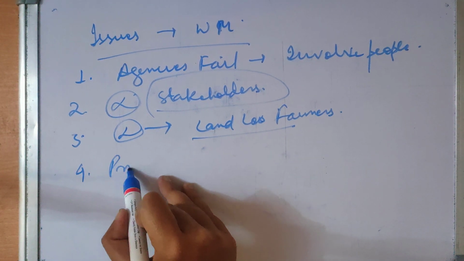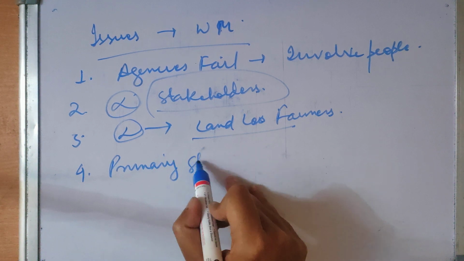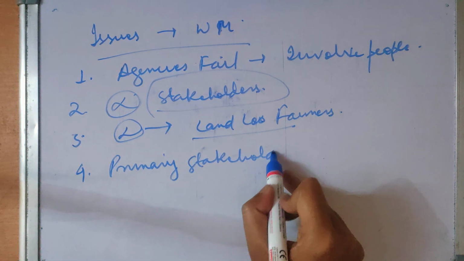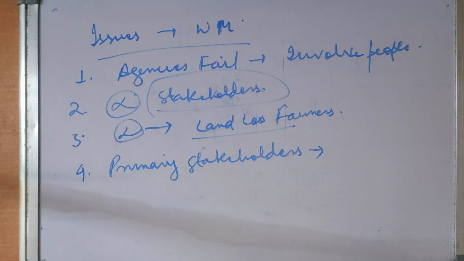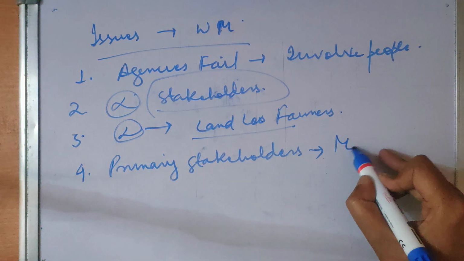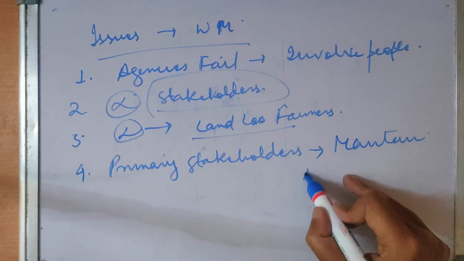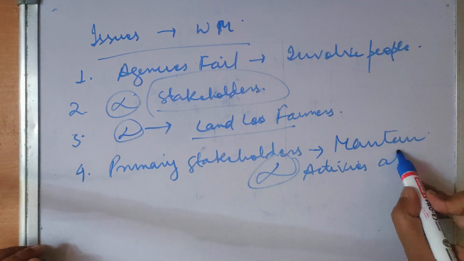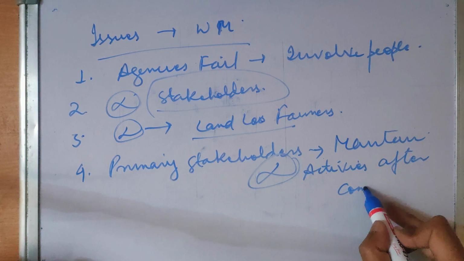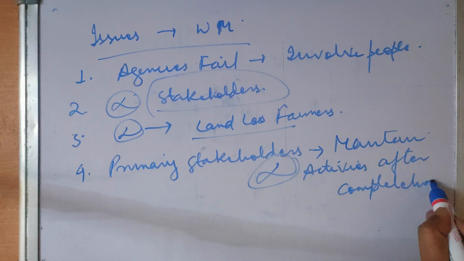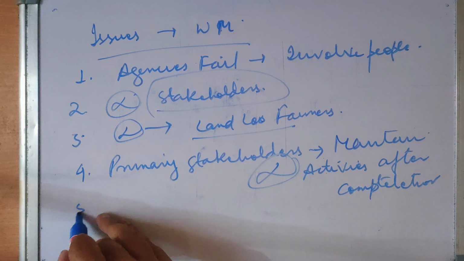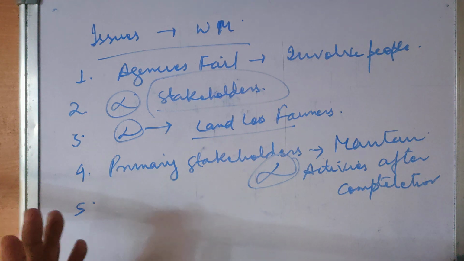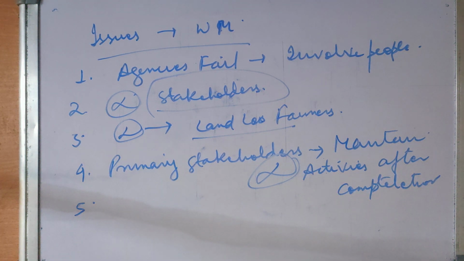Primary stakeholders, which are the basic stakeholders of the project, are unable to keep the project running well or maintain activities after completion. In many watersheds, you can see just a structure is made, there is no water in it, because they are just giving a structure but not involving people, not giving proper education on how to manage it.